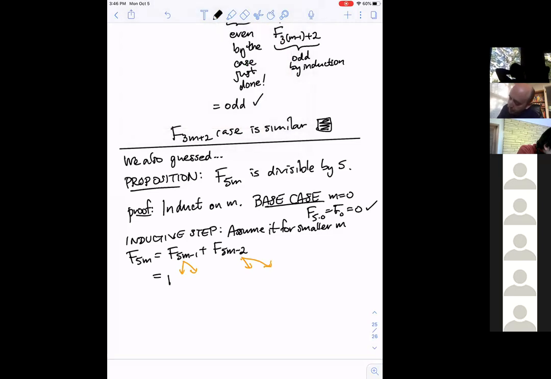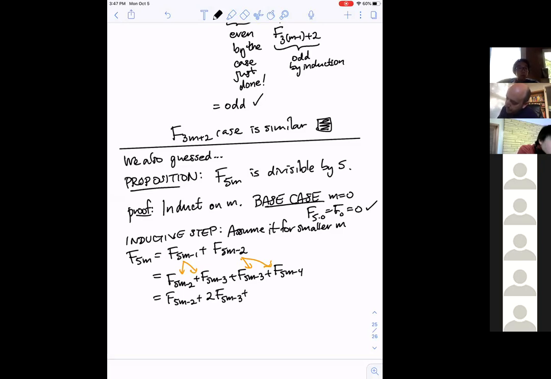And so I get F5m minus 2 plus F5m minus 3 plus F5m minus 3 plus F5m minus 4. And if you want, you can simplify that, you can put together 2 of the terms. F5m minus 2 plus 2 times F5m minus 3 plus F5m minus 4.